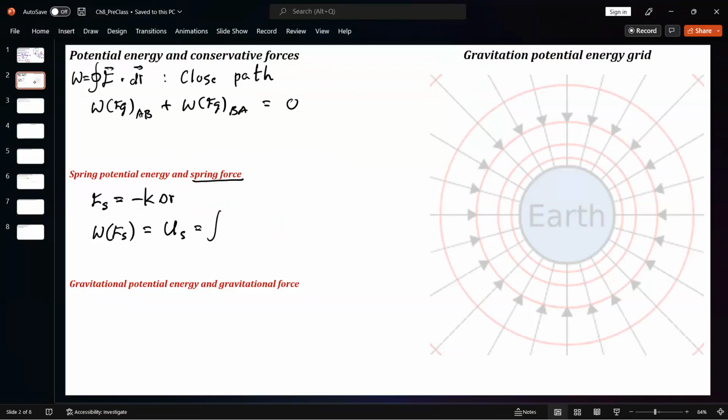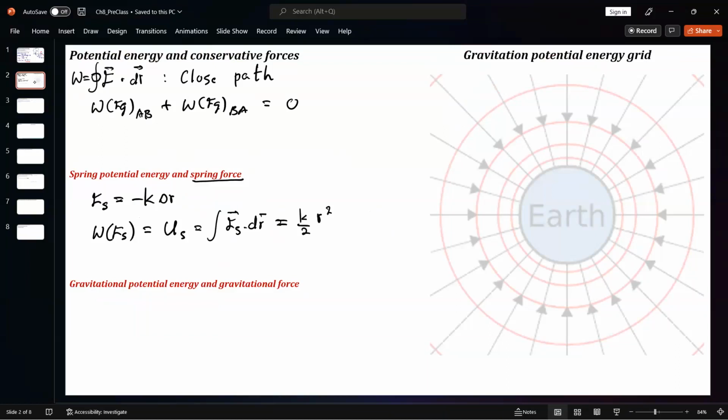Integral of spring force times the displacement traveled. So I finally end up with K over 2 times R to the power 2, where R can be X or Y, okay? And that is actually the potential energy stored inside the spring, which is due to the work done of this spring force, which is a conservative force, right? Whatever work done we do is stored inside the spring, and it can release back, okay?